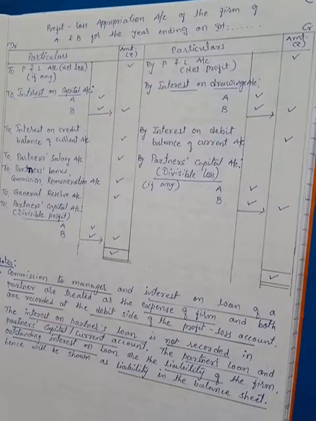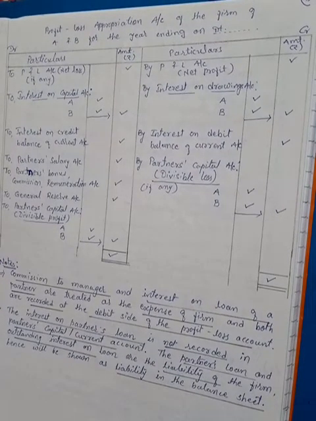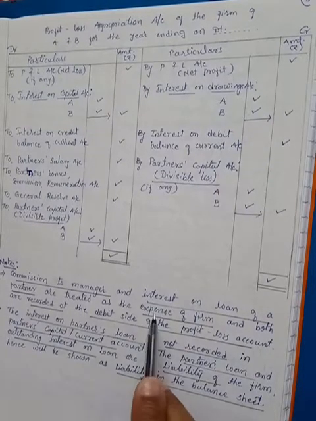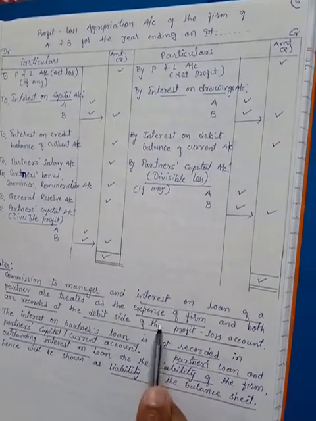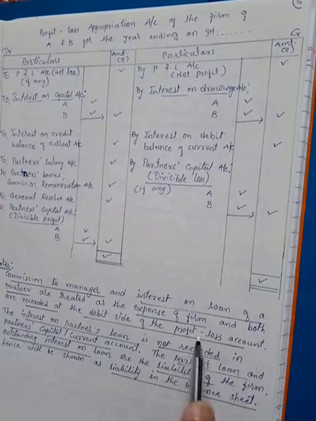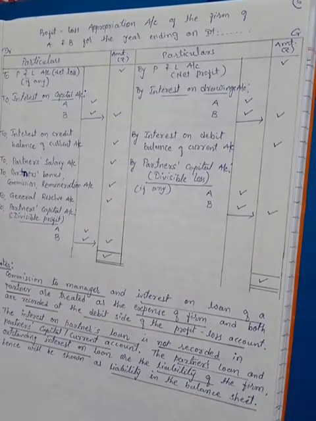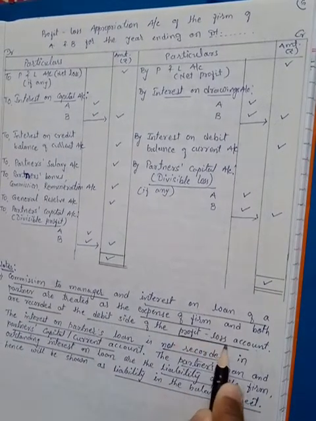This is important because I have underlined it in the notes. I am reading the first note: commission to manager and interest on loan of a partner are treated as the expense of the firm. It is an expense of the firm, and both are recorded on the debit side of profit and loss account. Which account? Debit side of profit and loss account. This is an important one.